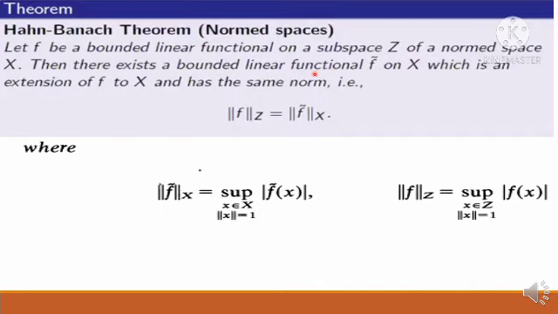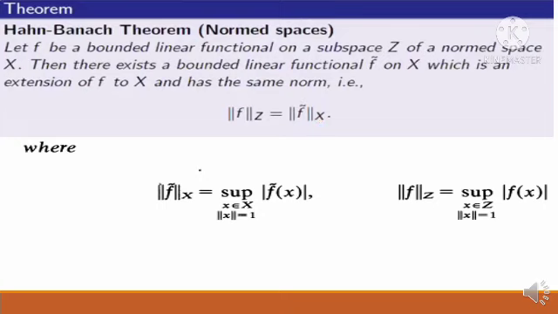More interestingly, the domain of f is the subspace Z and the domain of f tilde is the whole vector space, but surprisingly the norm of f on its domain is equal to the norm of f tilde on its domain, which is the vector space X. So this is an amazing extension in which the norm does not change.